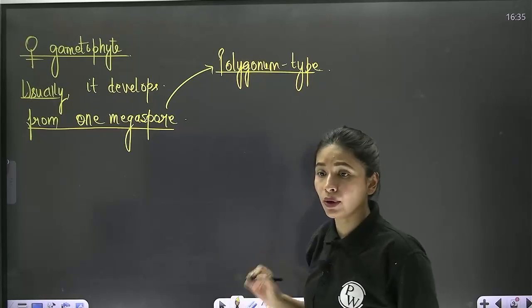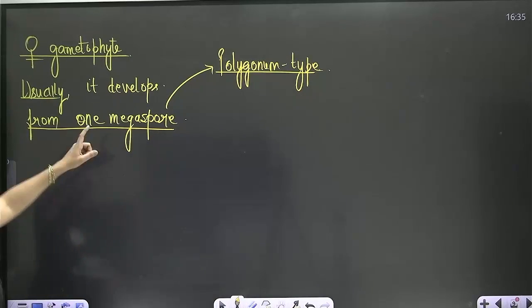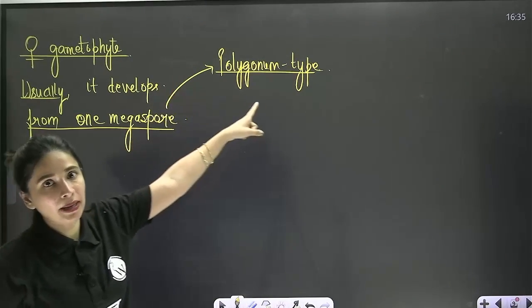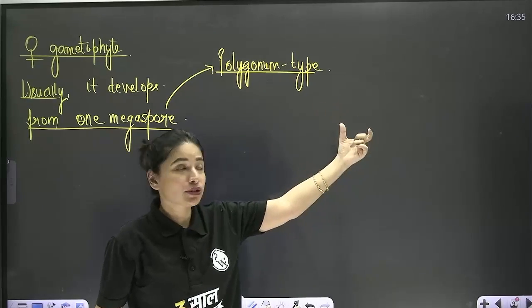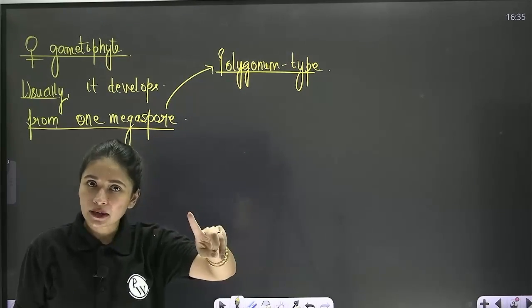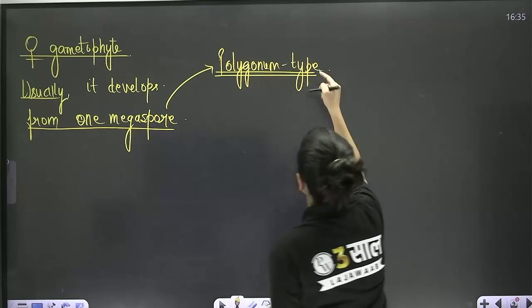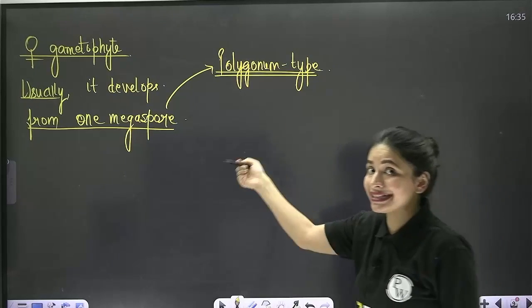Correct? The terminology used for one megaspore developing into the embryo sac is polygonum type. Okay? Will you remember this? Chalo, very good.